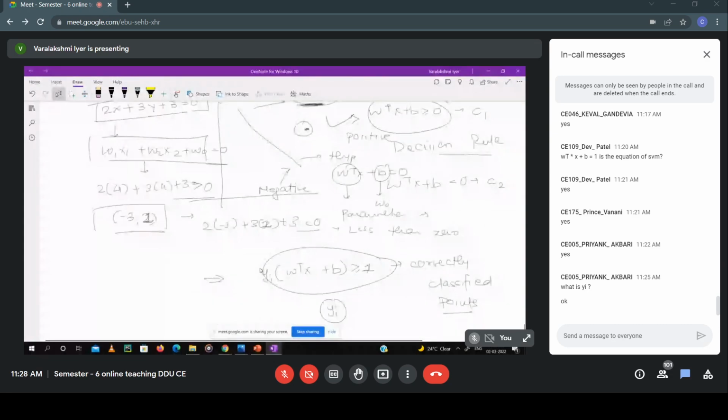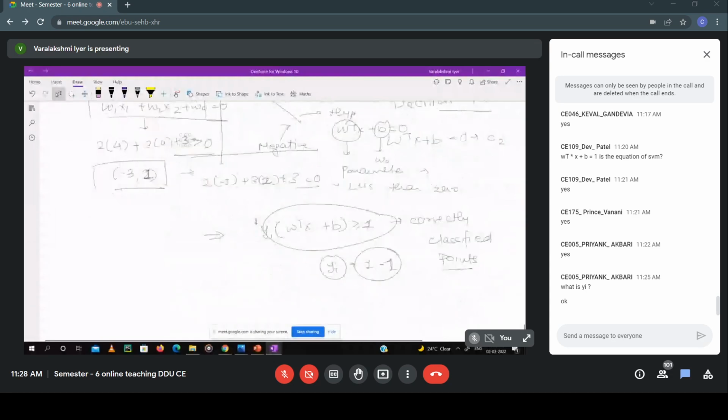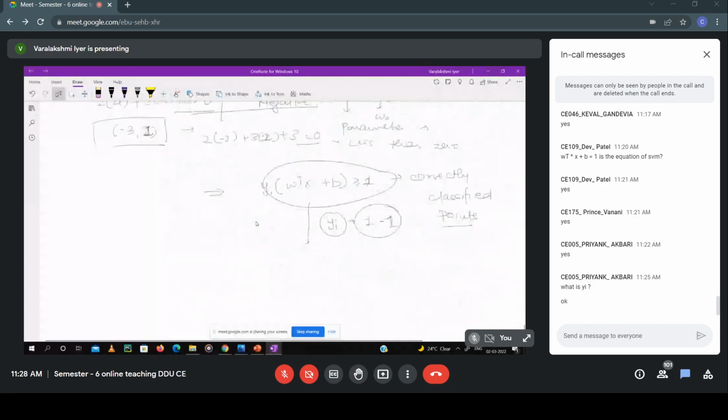W transpose X plus B will be greater than 0 on the positive side of the hyperplane, and less than 0 on the negative side. On the positive side, yi is 1 and this value is also greater than 0, so it will be some positive value, greater than or equal to 1.